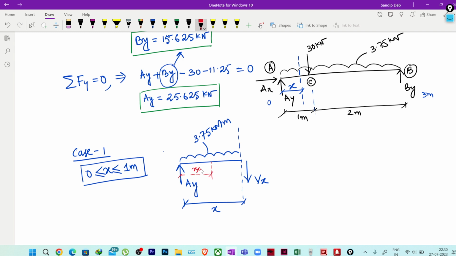This is the equivalent point load to the UDL, 3.75 into x kilonewton.